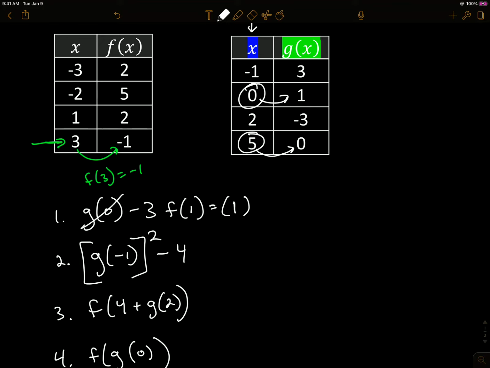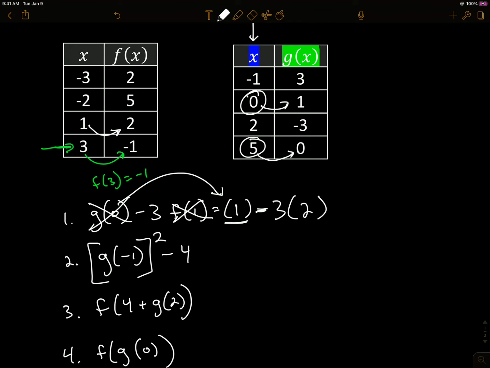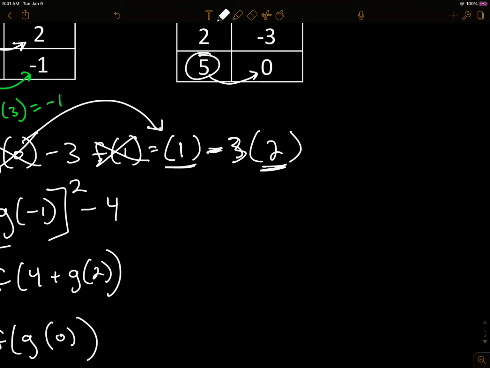So I take this out and I replace it with a 1, minus 3 times f of 1. So I go to the f table, I look at 1, 1 maps to 2. So since f of 1 is 2, I take that out. So you can see I have g of 0 minus 3 times f of 1. That's what I rewrote. Now it's multiplication and subtraction. So I have 1 minus 6 equals negative 5.